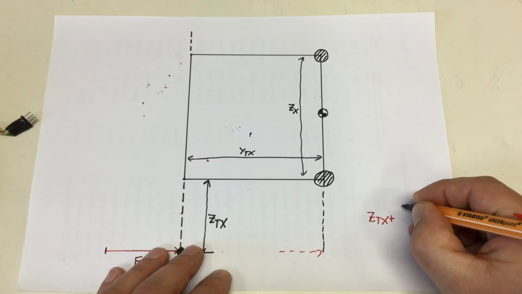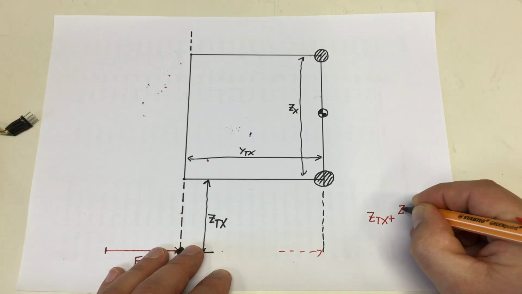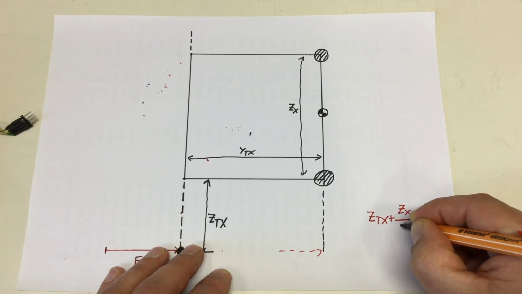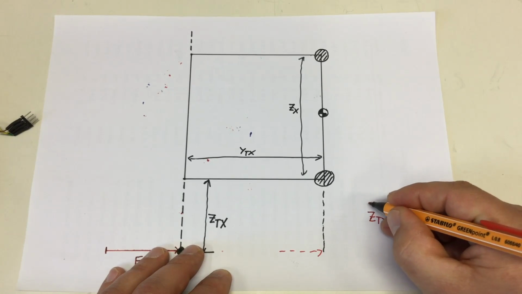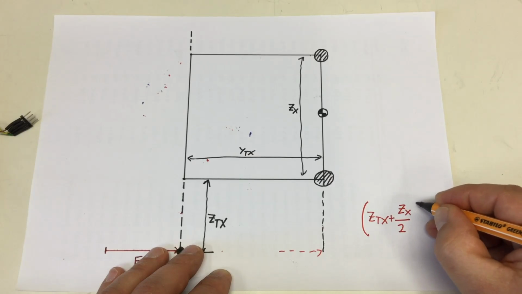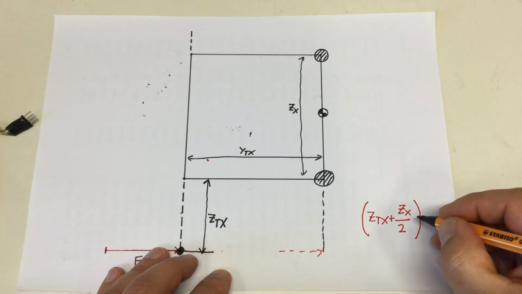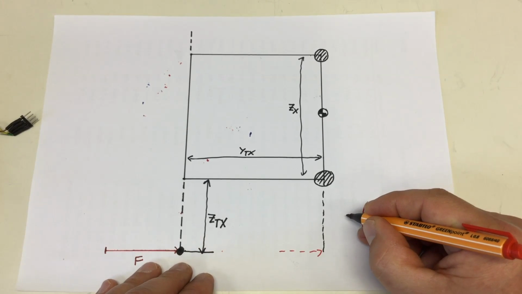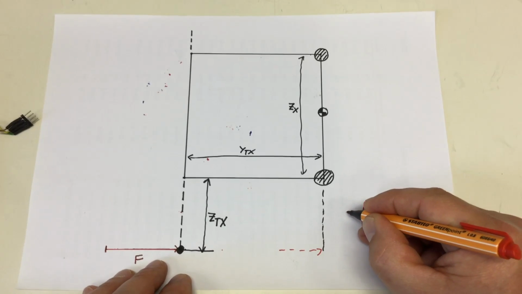So ZX, half of it, ZX over 2. Yeah, multiplied by our force.